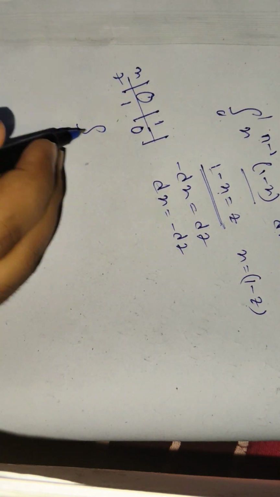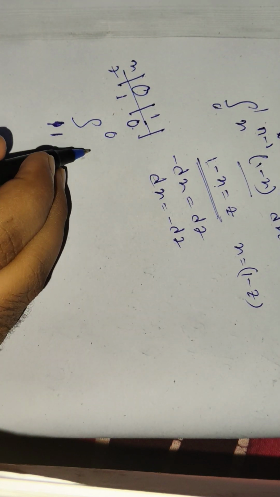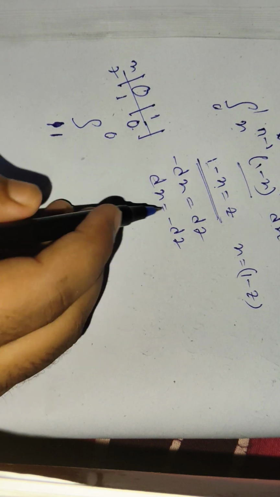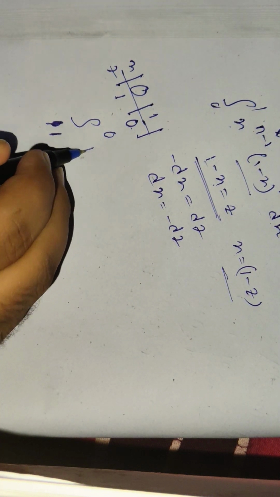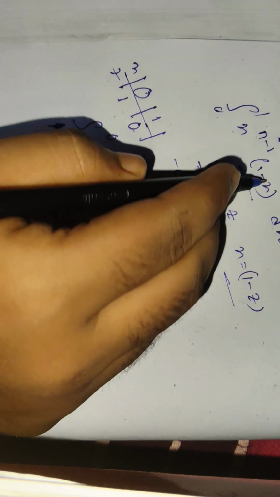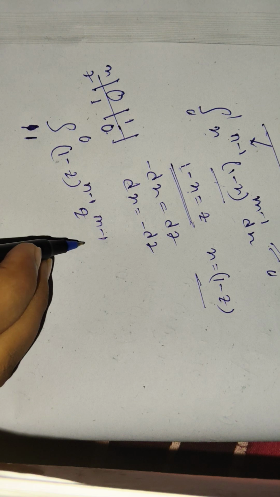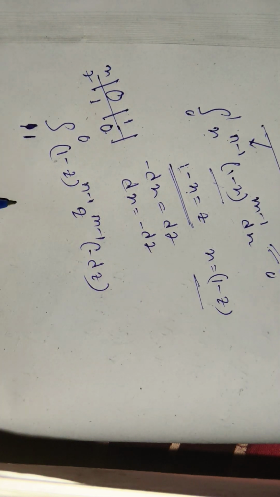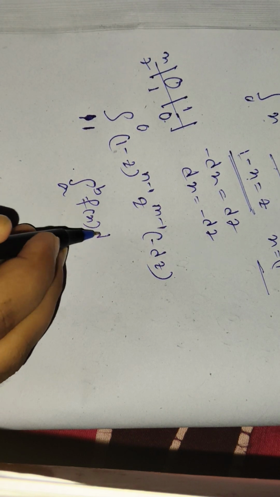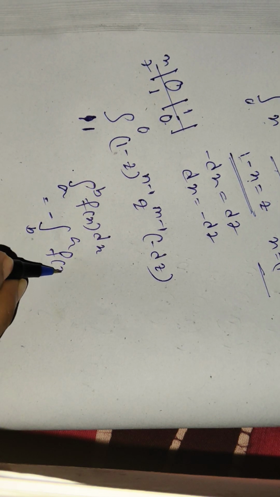This is the integration from 1 to 0, and we are replacing x with 1 minus z. This is (1 minus z) to the power n minus 1. This is z to the power m minus 1, as I am replacing 1 minus x with z, into minus dz. Now there's a rule which is the integral from a to b of f(x) dx is equal to minus the integral from b to a of f(x) dx.